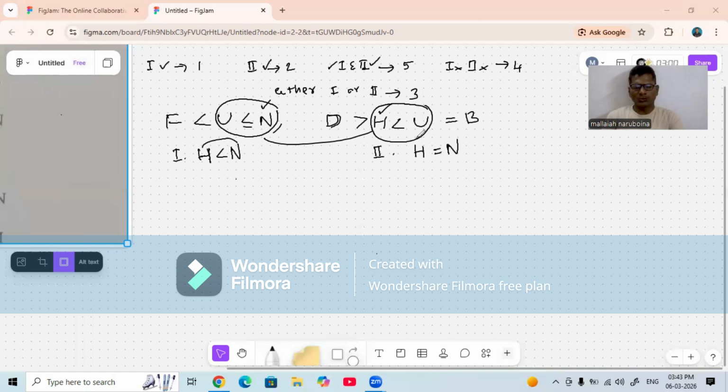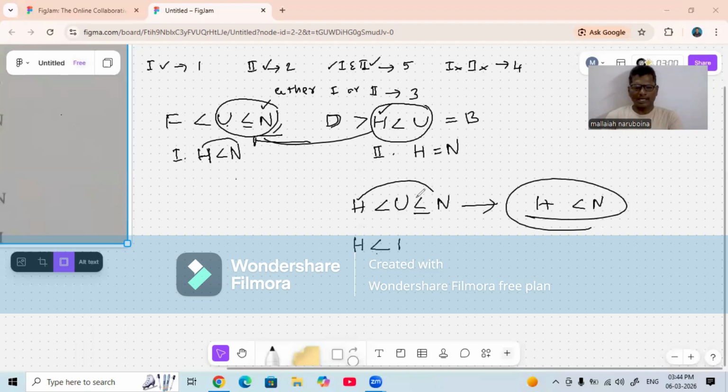I am mixing these two, right? H first, H next to N, right? So I am writing first H < U. After U, I am going to this condition, U ≤ N. I am adding this less than or equal to. From this, H < N. For this we get between H and N what I write, H < N, right?